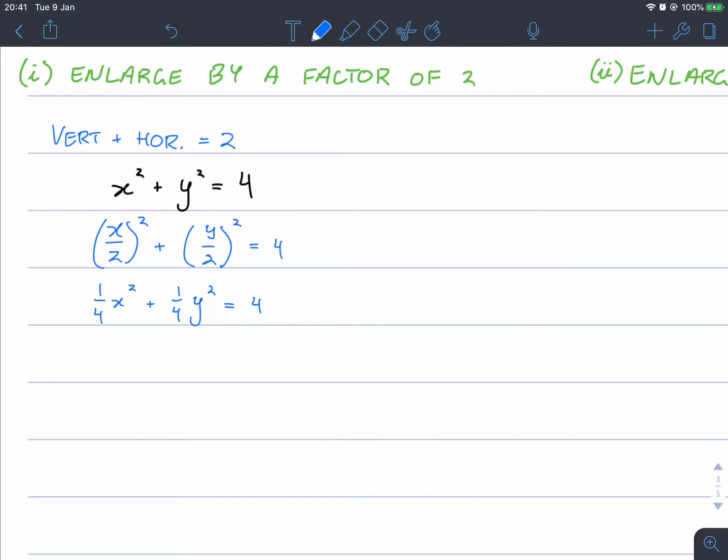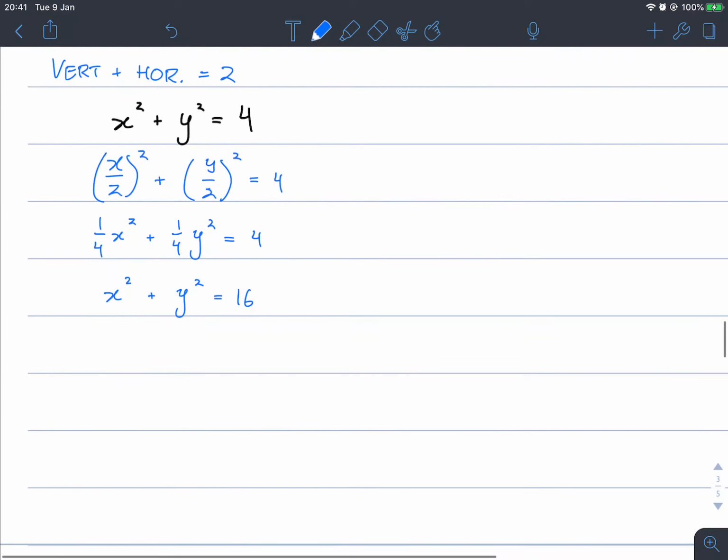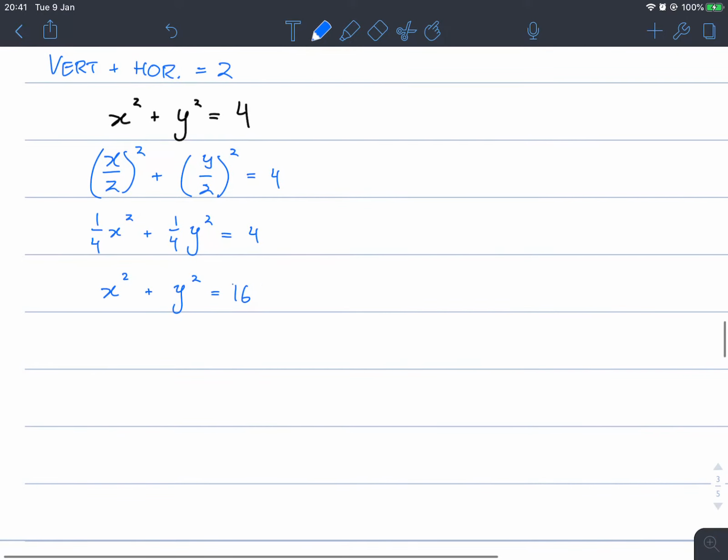Multiplying both sides by 4, we get x squared plus y squared equals 16. This is a circle, the exact same circle with the same center. However, this time we have a radius of 4.